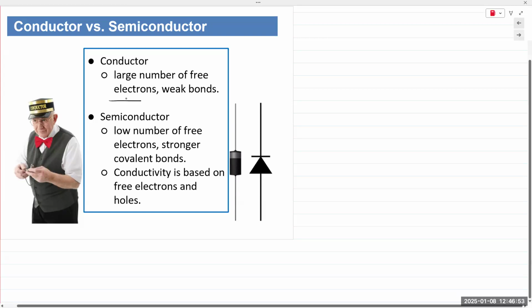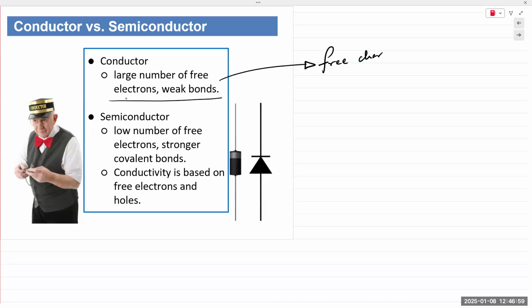So a conductor has free charge carriers. In this case, they are electrons. The charge carriers are electrons. The electrons are carrying negative charge. They are loosely bound in the atomic structure. They don't need much energy to break their bonds and flow in the circuit.